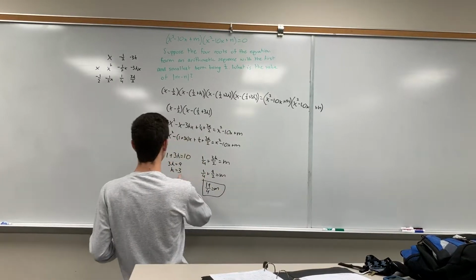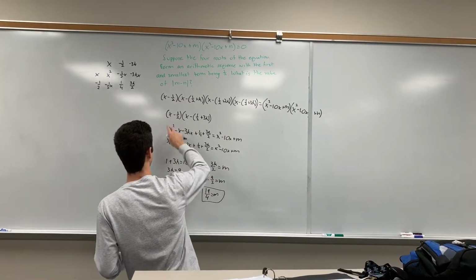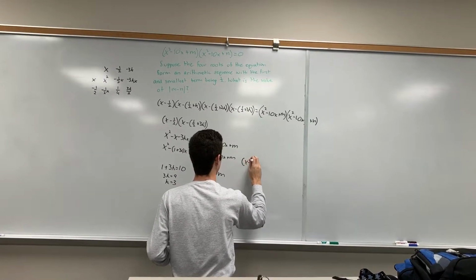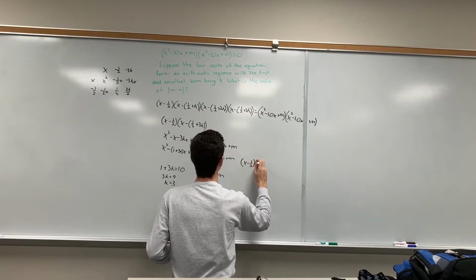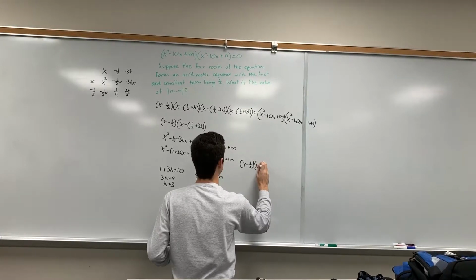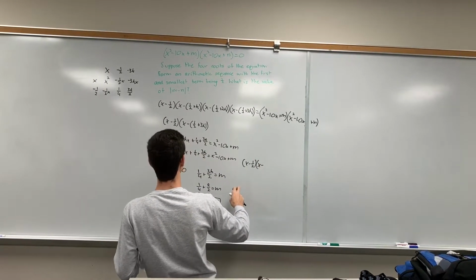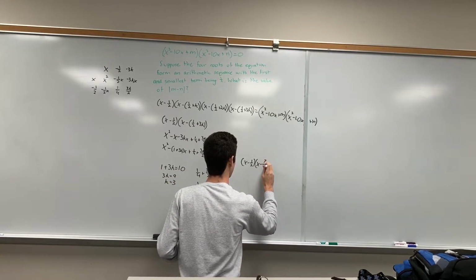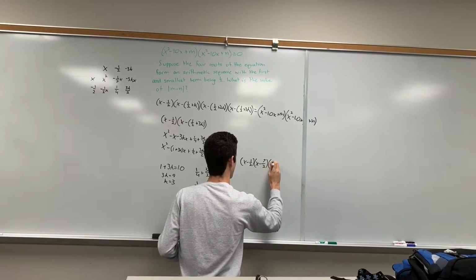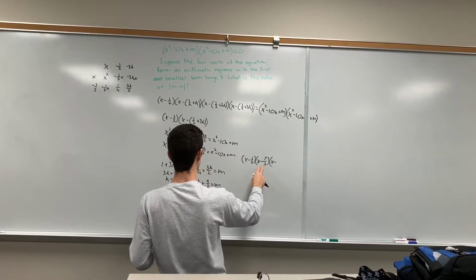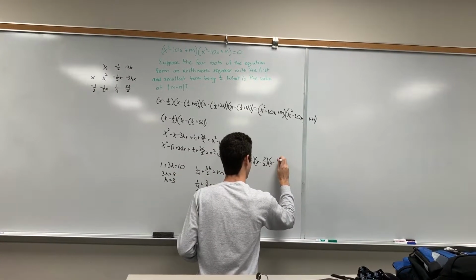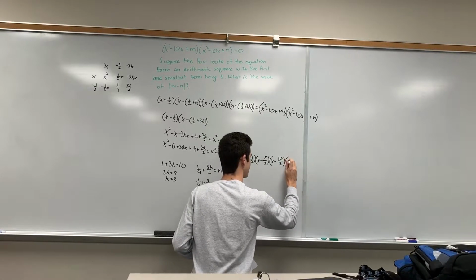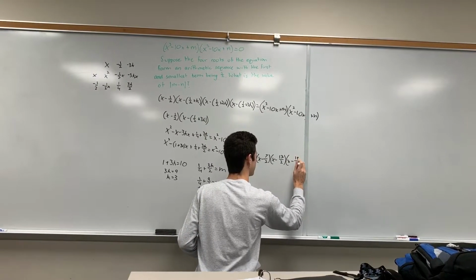So now k is 3. When you plug k in, you get x minus 1/2 times x minus 1/2 plus 6/2 is 7/2, times x minus, plus another 6/2 is 13/2, plus another 6/2 is 19/2.